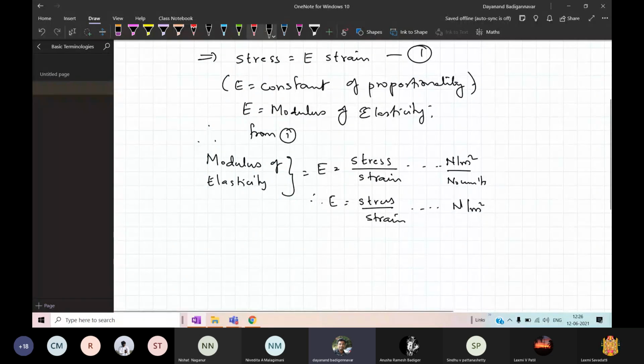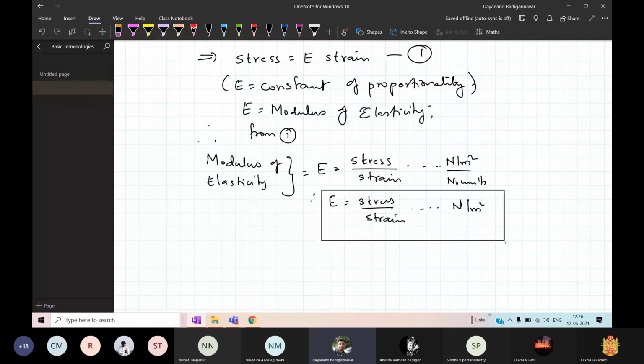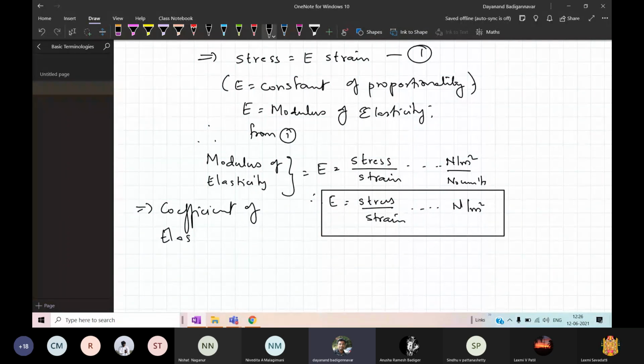So this is the expression for the modulus of elasticity. It is also called the coefficient of elasticity. Now there are different types of elasticity, depending upon the change in dimension.